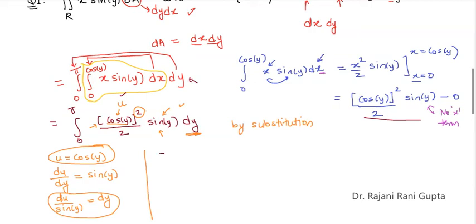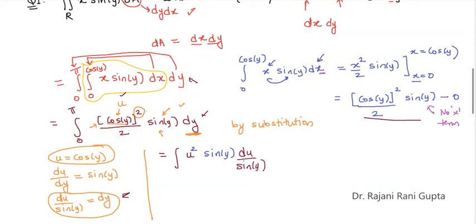So what you will get? The integral, in place of cosine y, we are replacing u. So this is u power 2, sine of y kept the same, and in place of dy, we are writing du divided by sine of y.